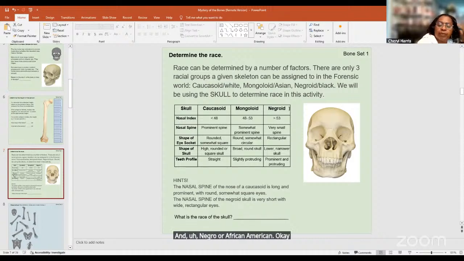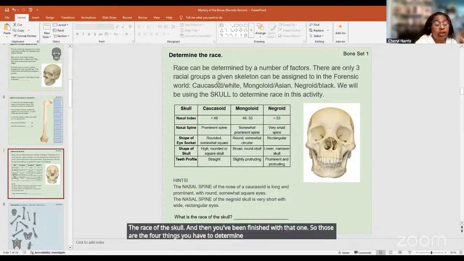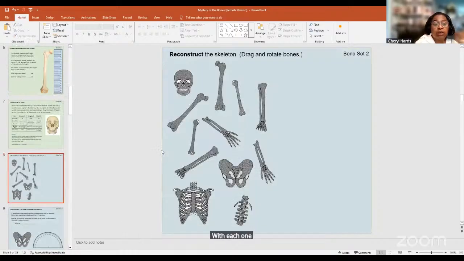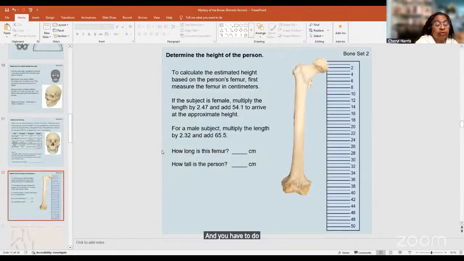Okay. And based on the information that you have, you are to describe the race of the skull. And then you've finished with that one. So those are the four things you have to determine with each one. Then you're on to skeleton number 2, and you have to do the same thing with that.